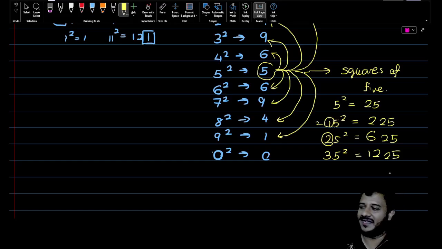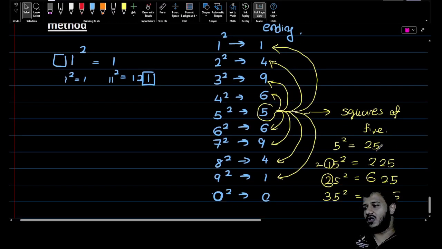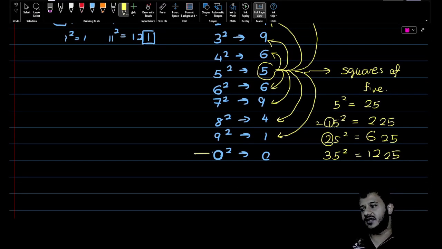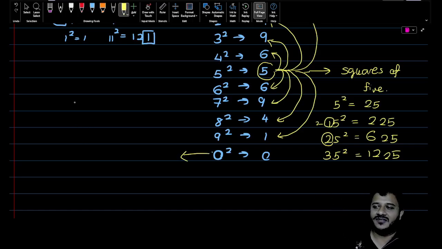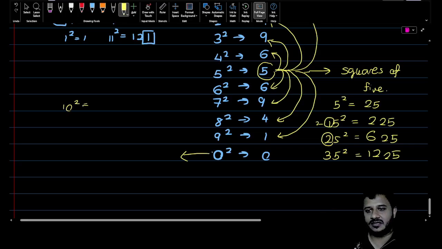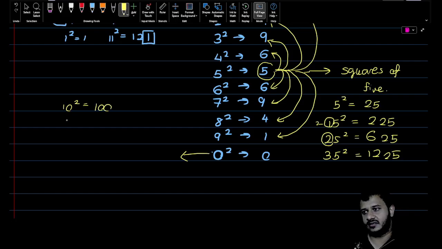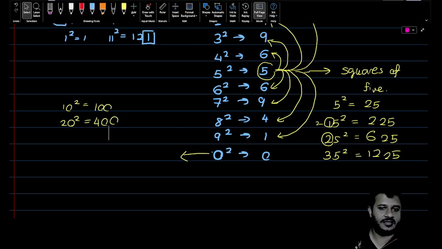All right. Then also you need to have an idea about how the squares of tens work. Now, if you know 1 square, 2 square, 3 square, 4 square, then 10 square is a what? 10 square is a 100. 20 square is a 400.